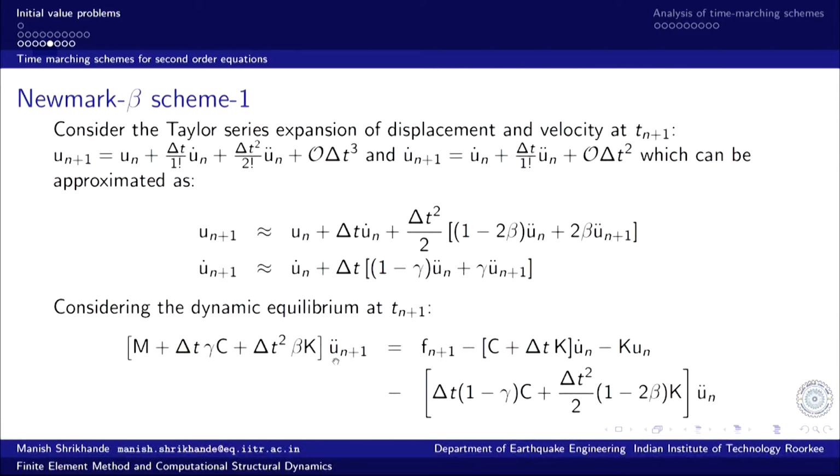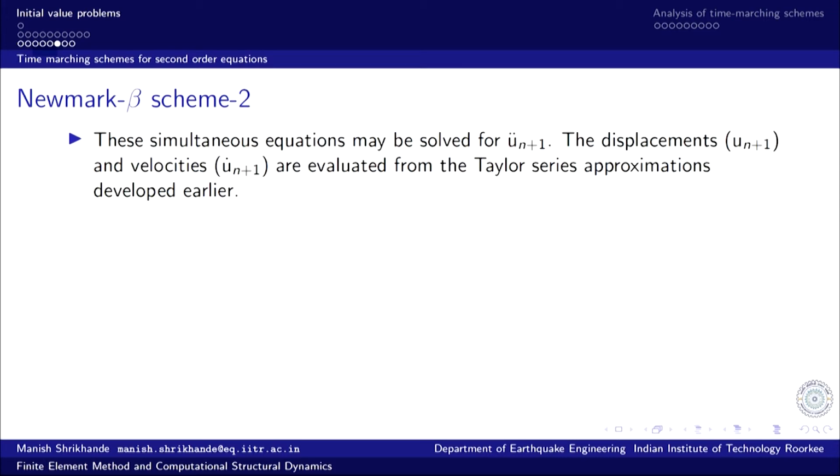And then this system of equations can be solved for the accelerations at the n plus 1th time instant, and then knowing these accelerations we can go back and find the displacement and velocity from the approximations that were initially substituted. So, these simultaneous equations can be solved for acceleration at the n plus 1th time instant.